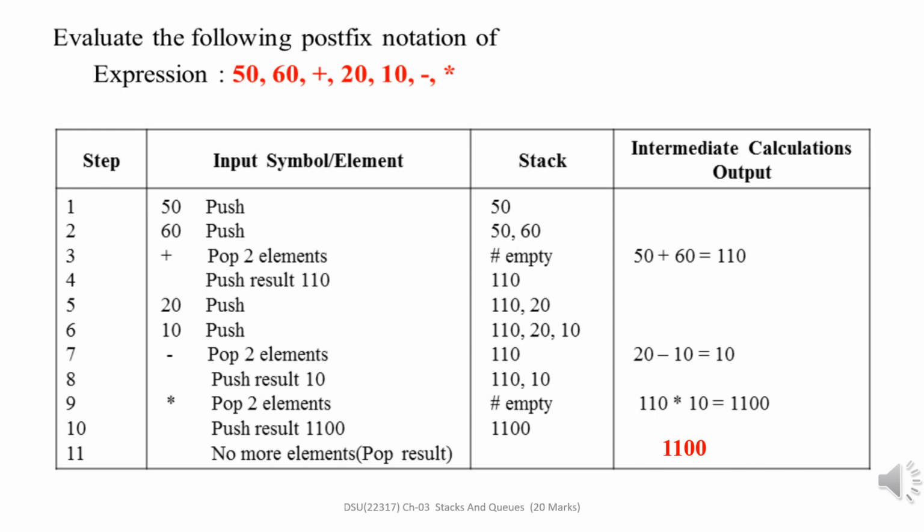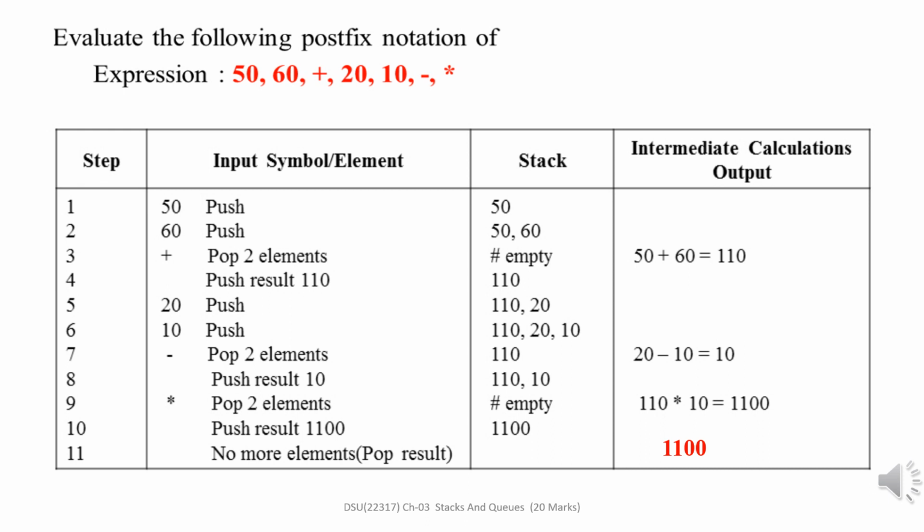Next operands are 20 and 10, so we have to push 20, then next step 10, these are the 3 operands. Now there is a subtraction, so subtract 10 from 20, then answer is 10.